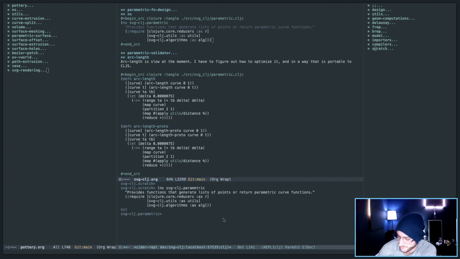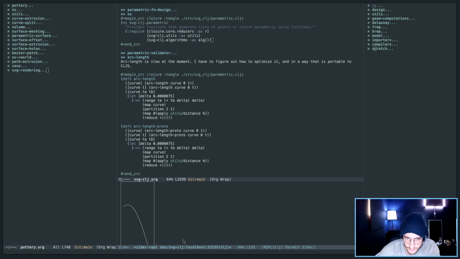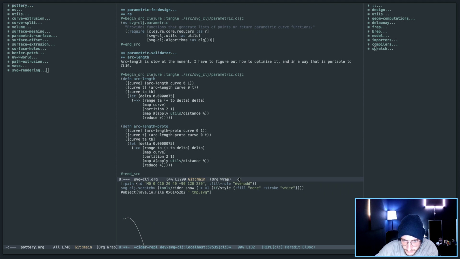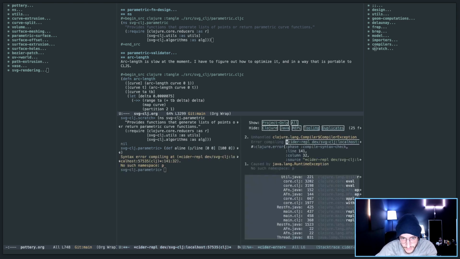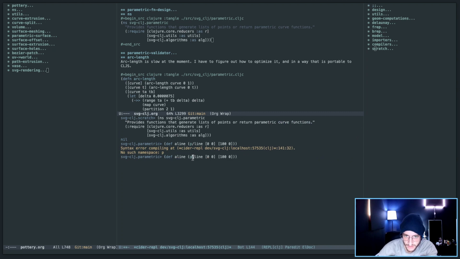Okay, so we know a line, let's def a line, is going to be p line 0, 0, 100, 0. So we know the length of this. Okay, so we know that a line's distance is exactly 100 because it's just 100 units along the x.